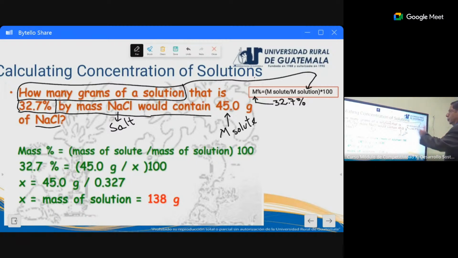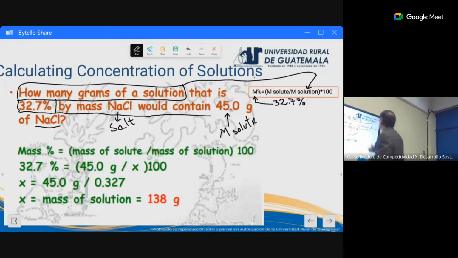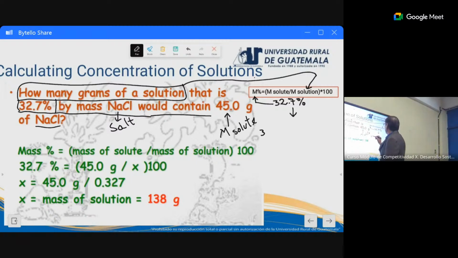And now we need to substitute our quantities into our formula here. So if we change the values here, we will have that 32.7% will be equal to mass solute.